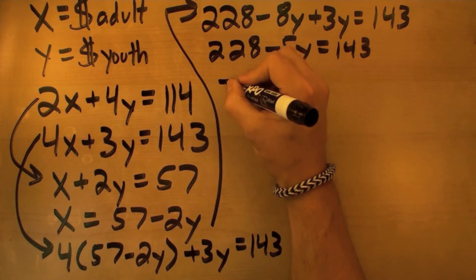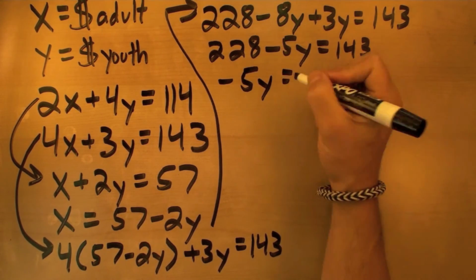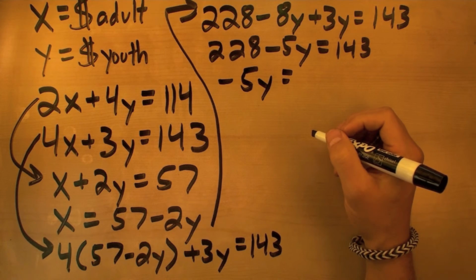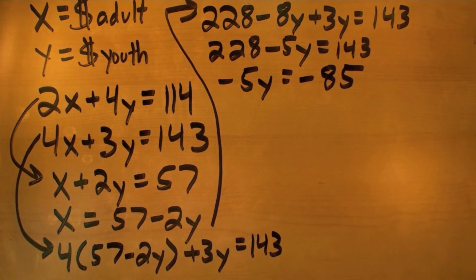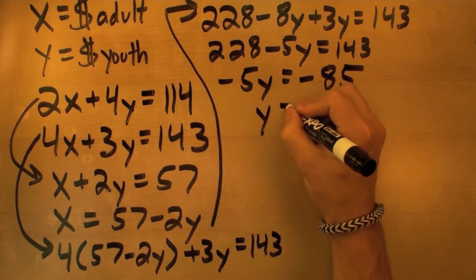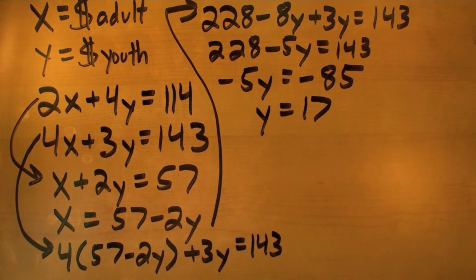Subtracting 228, we get negative 5y equals negative 85. Divide by negative 5, we get y equals 17.